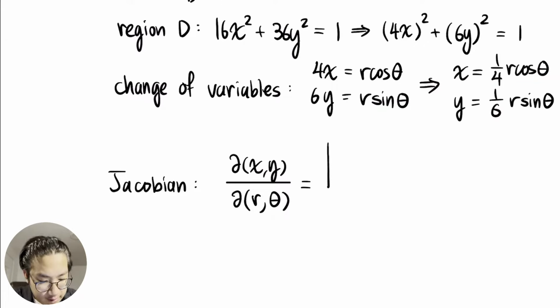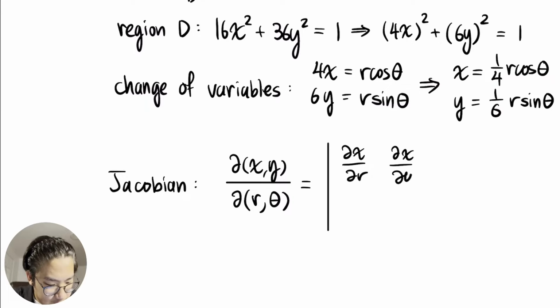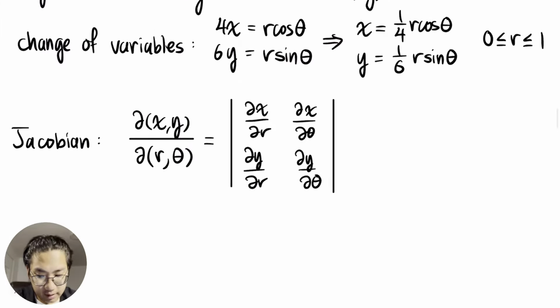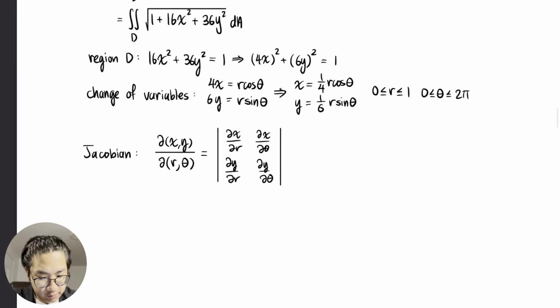It looks something like partial x, partial r, and then partial x, partial theta, partial y, partial r, and then partial y, partial theta. So it's just a 2 by 2 matrix that we're taking the determinant of.